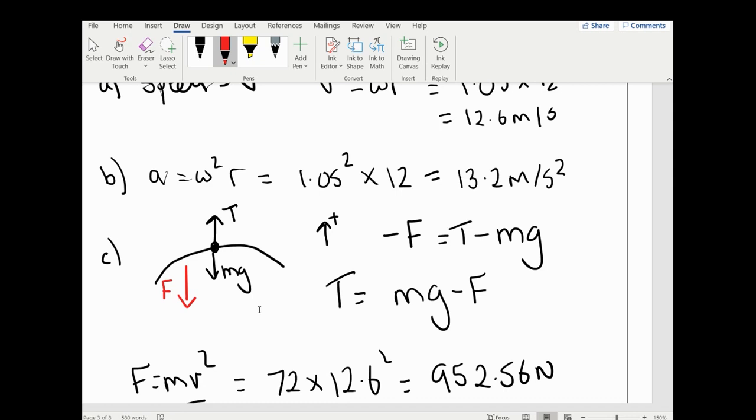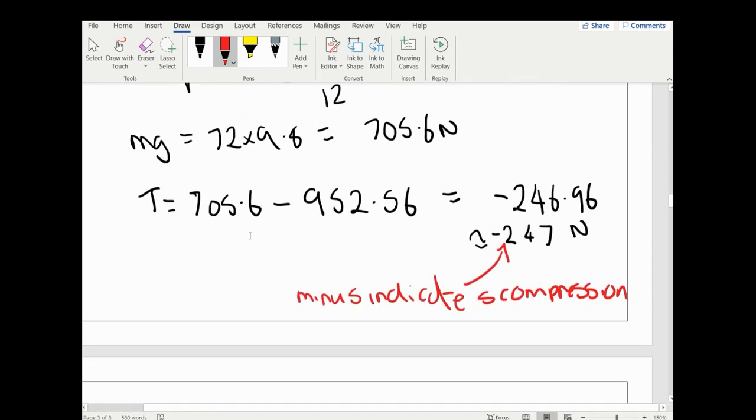So it's up to you what you feel comfortable with. The reason I do it this way is because it's more consistent for every single type of vertical circle. It may be a car going over a bump or something doing a loop, or anything like that. It's always the same, and that's why I do it. I don't ever doubt myself.